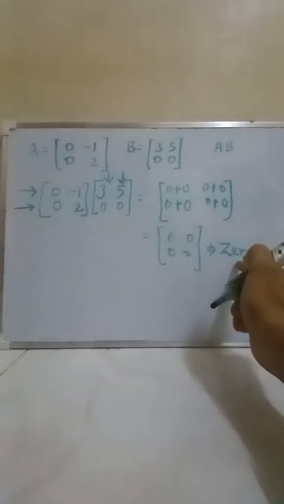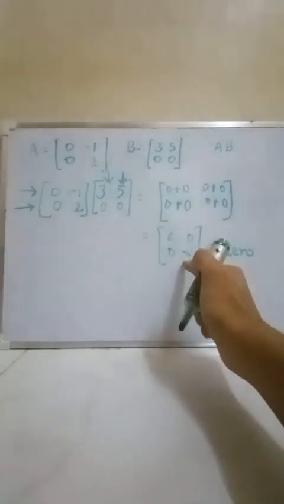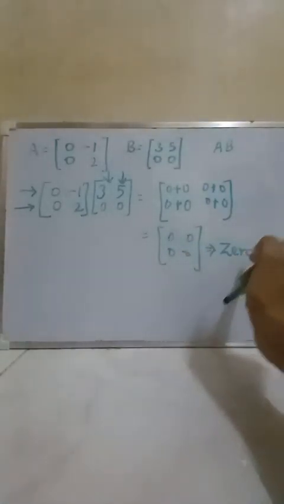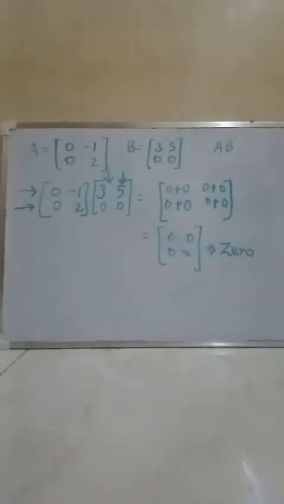Okay, 0 matrix. What is a 0 matrix? If it has all the elements as 0, it is known as a 0 matrix. So in normal multiplication, when we multiply two numbers, we will get 0 only if one or both the numbers are 0, right? But in matrices, it's not like that. As you see, both are not 0 matrices, right?